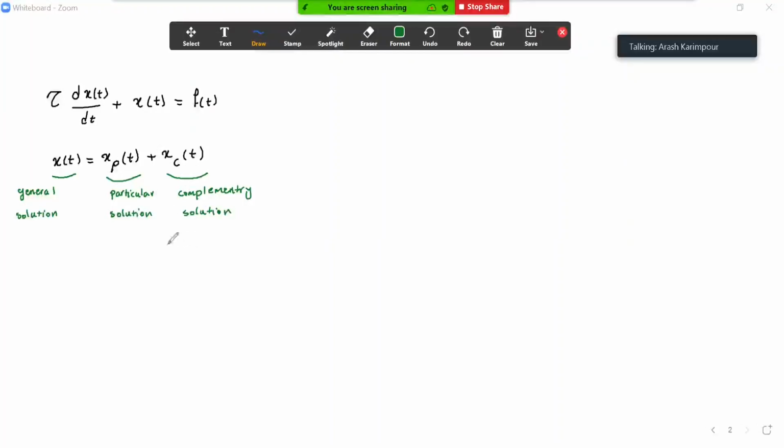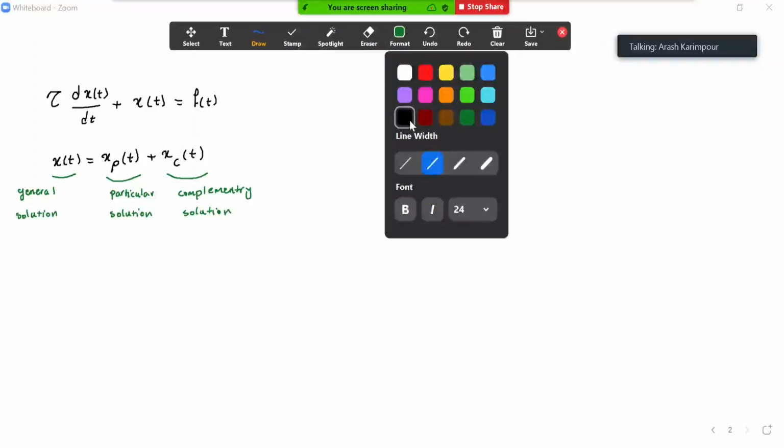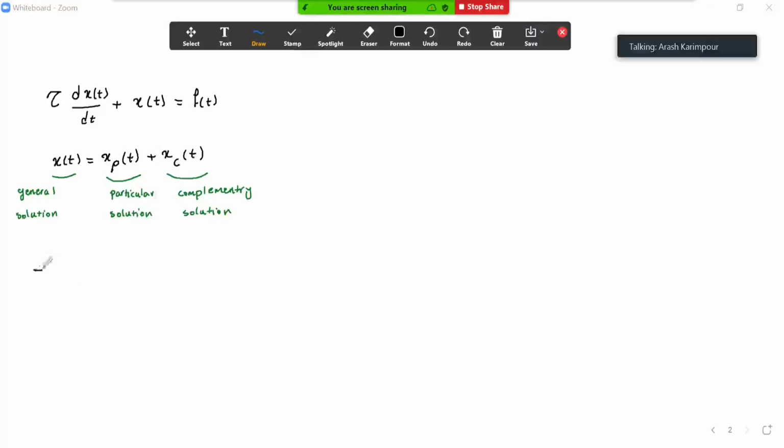If you look here, the particular solution is very dependent on the f(t). So if I want to go ahead and write right here, the particular solution, which is xp(t), is the one that's going to satisfy this equation if there's an f(t) there.